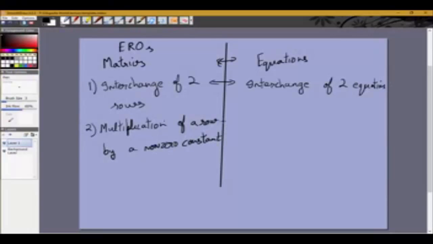This does not change the solution set, because this is just like multiplication of an equation by a non-zero constant.